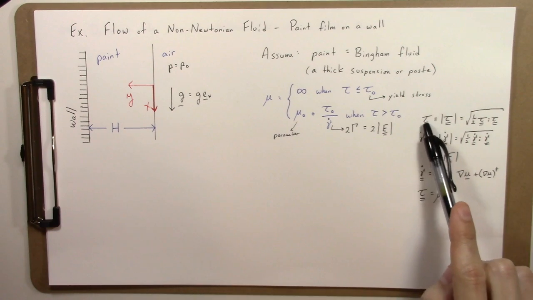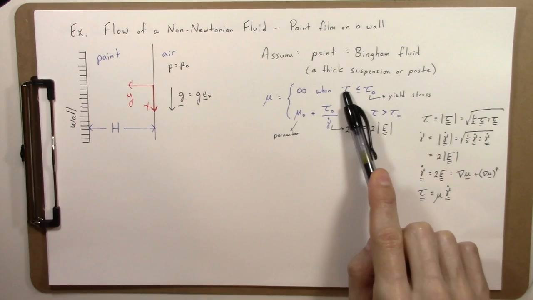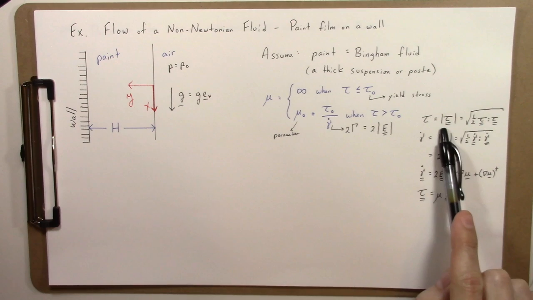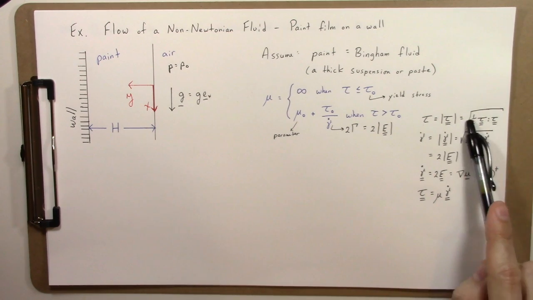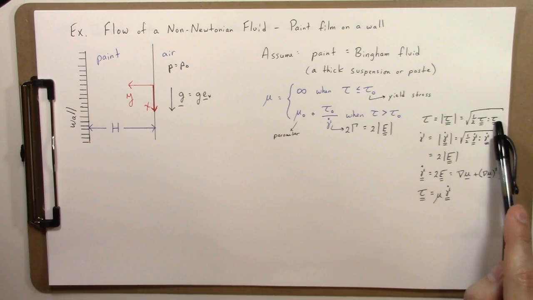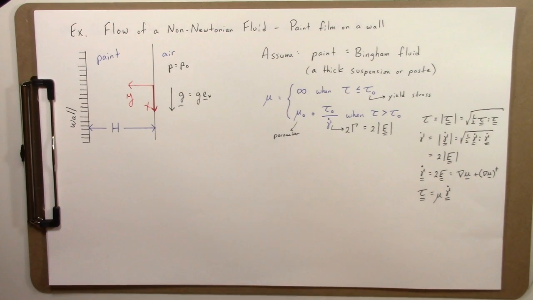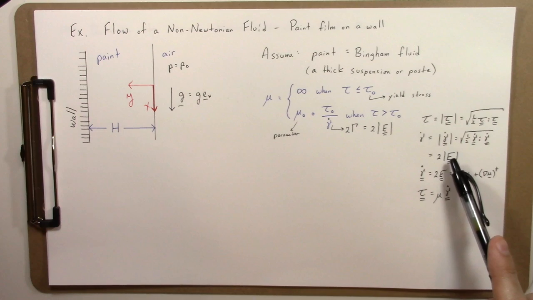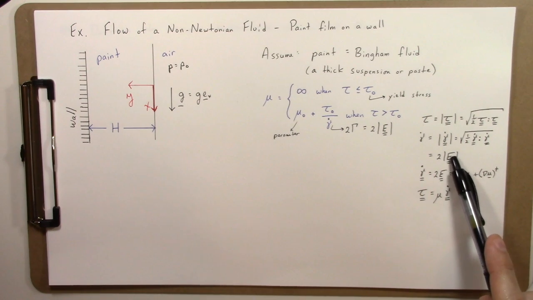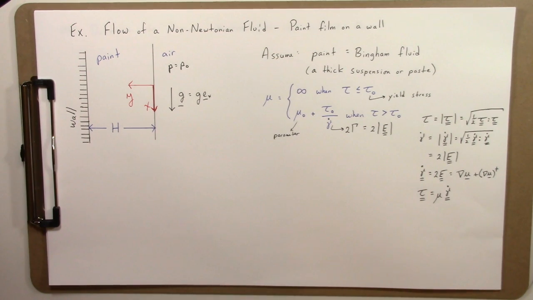We can see once again, tau scalar, the stress, that's the magnitude of the viscous stress tensor, and that's the square root of 1/2 tau double dot tau. This is why we introduced things like dot products and double dot products earlier in the course, so we could deal with the rheological behavior of these non-Newtonian fluids. It's also why we dealt with things like the rate of strain or rate of deformation tensor in such great detail, because it becomes essential when trying to model non-Newtonian flows.